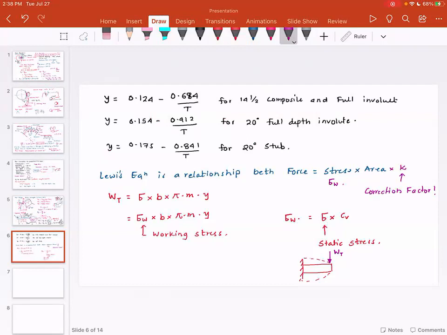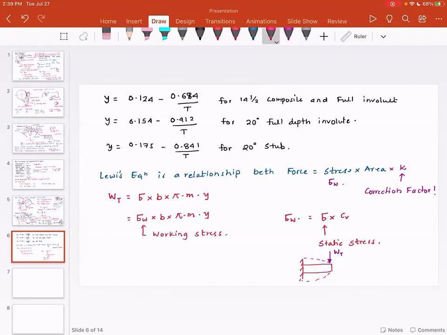So this velocity factor takes this static stress and converts that into a stress that we can use when we are trying to design the components that are subjected to traveling loads. So sigma multiplied by CV gives us sigma W, which is the working stress that is going to be used in the expression.